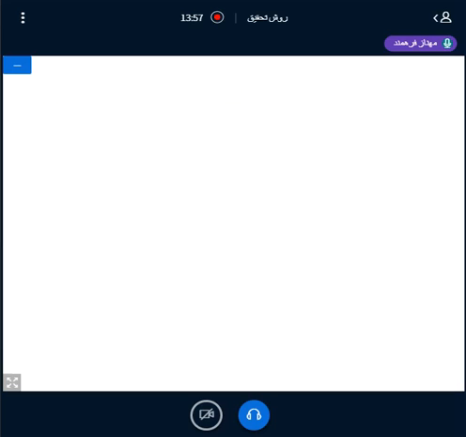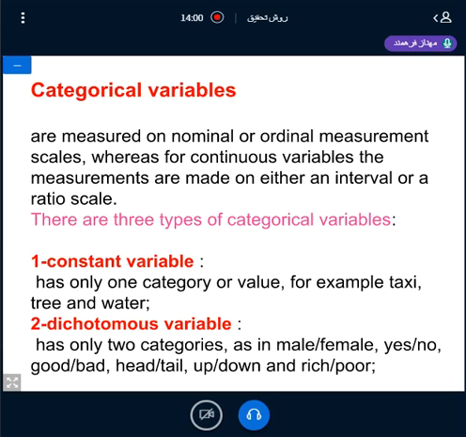So: active variables, attribute variables, and categorical variables. Categorical variables are measured on nominal or ordinal measurement scales, whereas for continuous variables, the measurements are made on either an interval or a ratio scale.